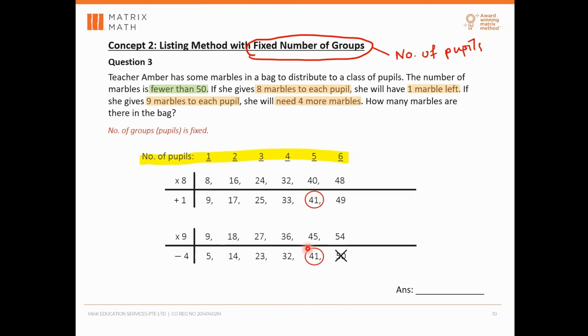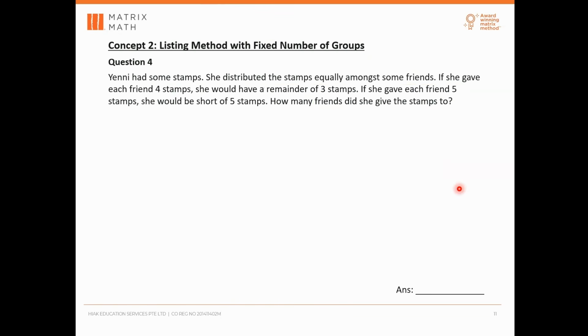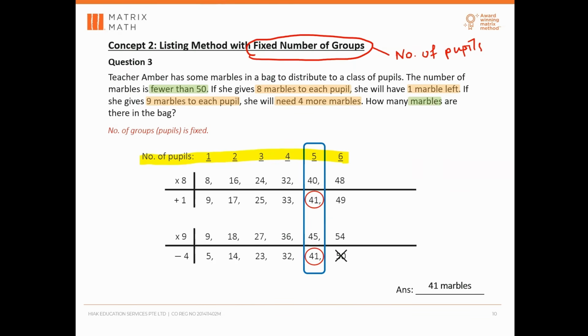So take note, for this concept, 41 is the number of marbles in the bag. Not only do the answers have to match, not only do you have to match the numbers in the second row, you must also make sure that they fall within the same column. Means the number of pupils must be the same.